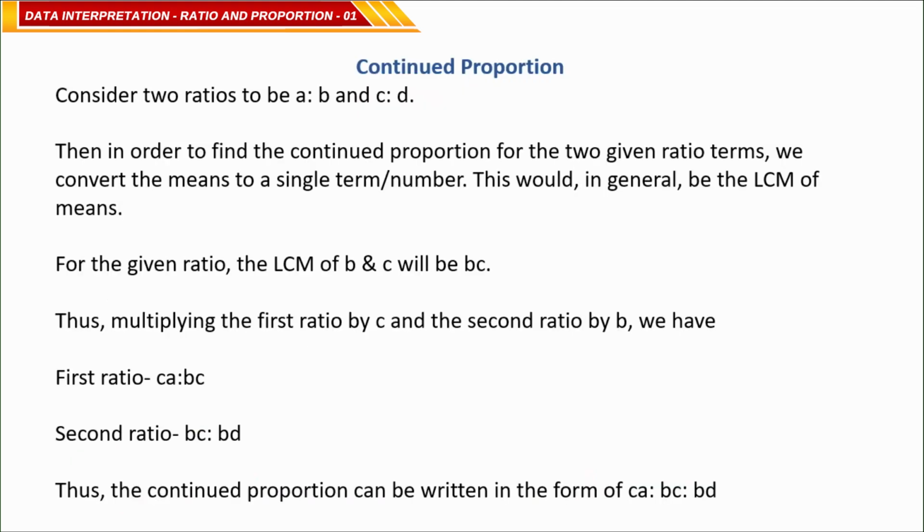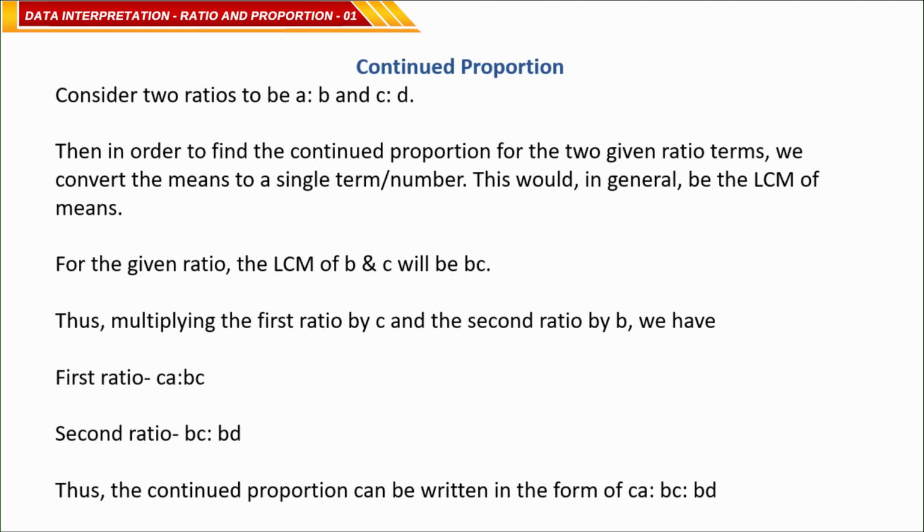Now, coming to the continued fraction or mixed fraction, that is, A is to B and C is to D are two ratios. In order to find the continued ratio, if two ratios are given, we convert the means to a single term and number. This should be the LCM of the means. The given ratio, the LCM of B and C will be BC, correct.